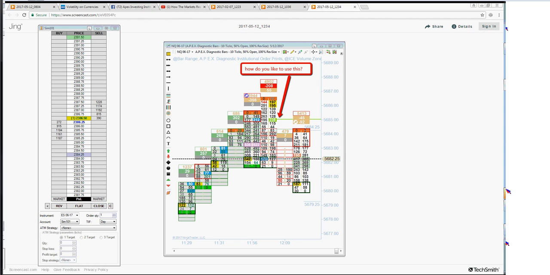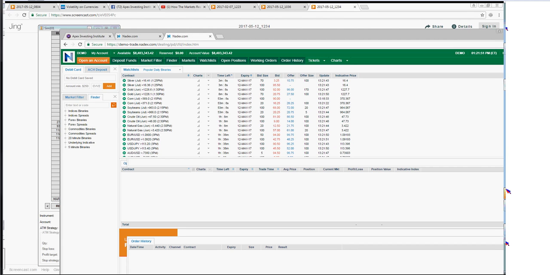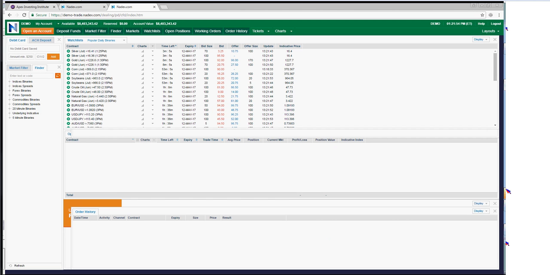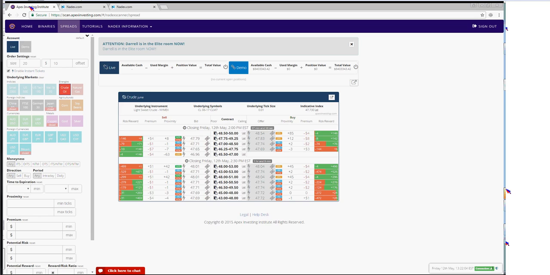Okay, so in my demo account, let's make sure we're choosing demo in the scanner.